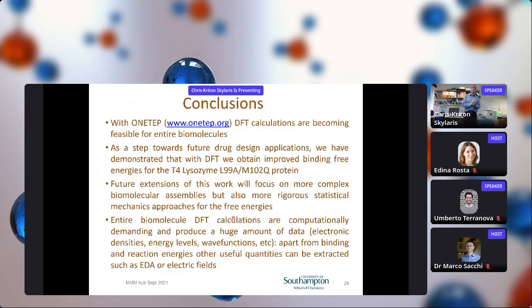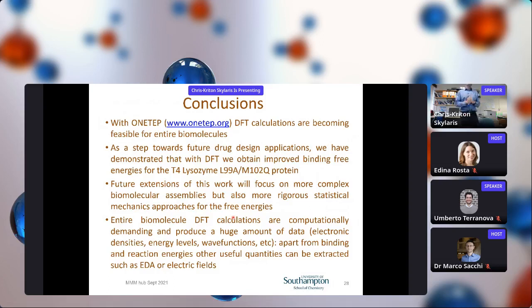So just to finish here, I have shown you DFT calculations on entire biomolecules. These are becoming feasible and can be used for routine work. I showed you the T4 lysozyme protein work. It is not the ideal protein to show the advantages of large-scale DFT.